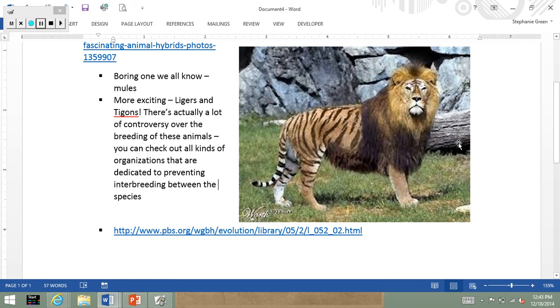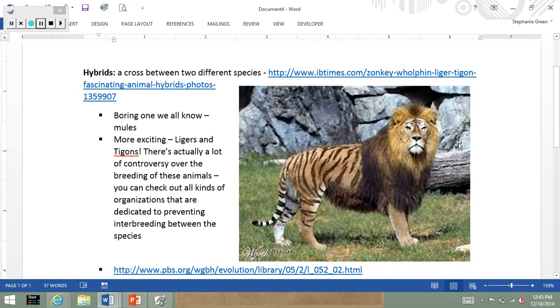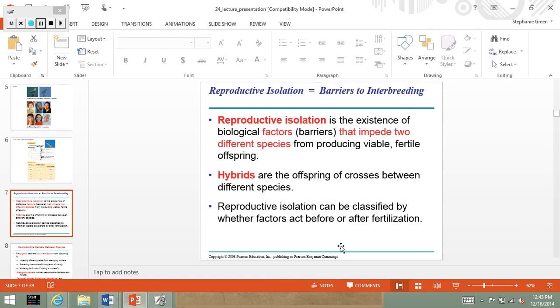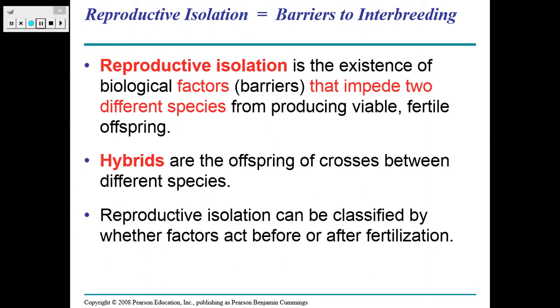There's a lot of controversy over the breeding of these animals, and there are lots of different organizations. I posted links on Edmodo, so you can check them out. I think this is a liger. Hybrids do come about sometimes, but it's a cross between two different species, and whether or not they're fertile, we'll get into in just a second.